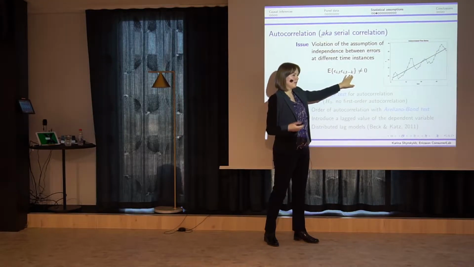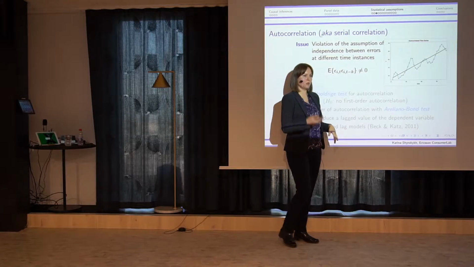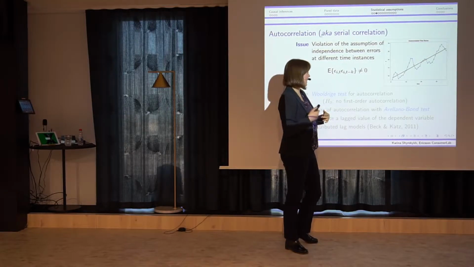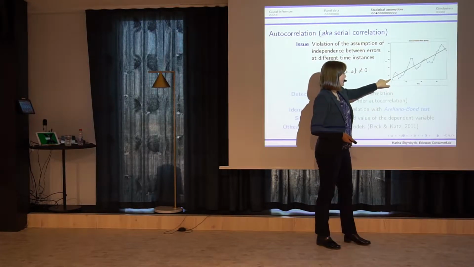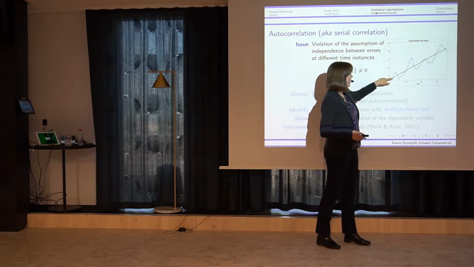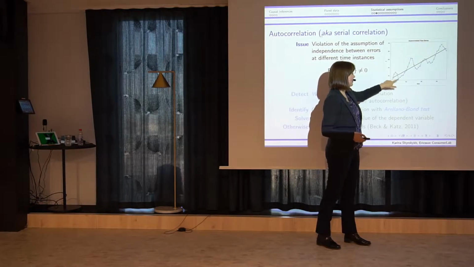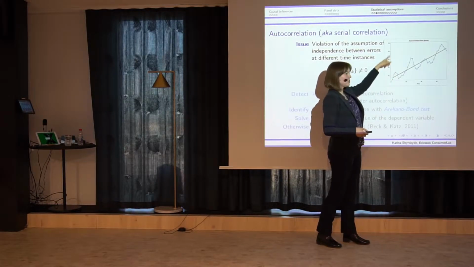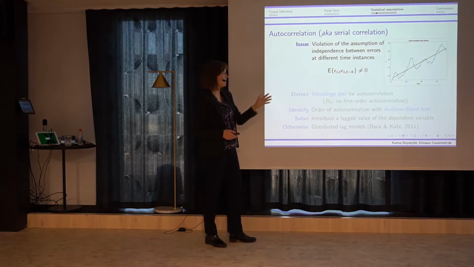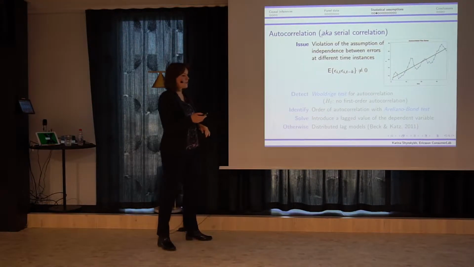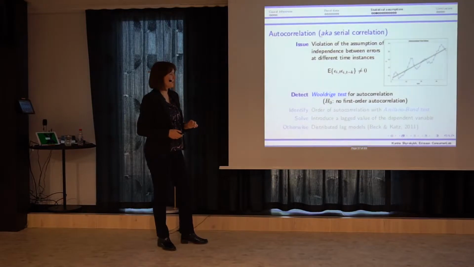It can be the previous one, or it can be two time observations back. Like here, for instance, we can see that observations are very much dependent on the previous observation. So knowing this point, you know what the next point would be, more or less, right? It cannot jump all the way up, or go all the way down. So this is the case of autocorrelation and this violation of one of the assumptions.